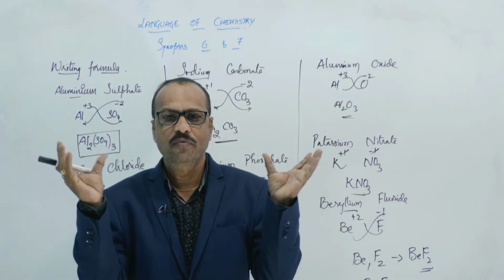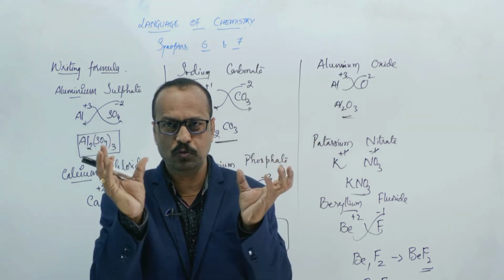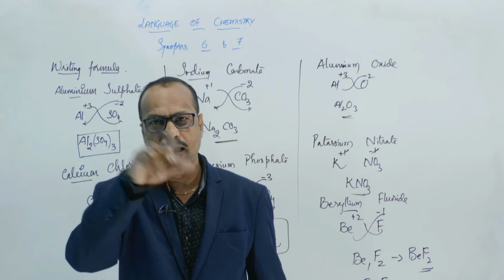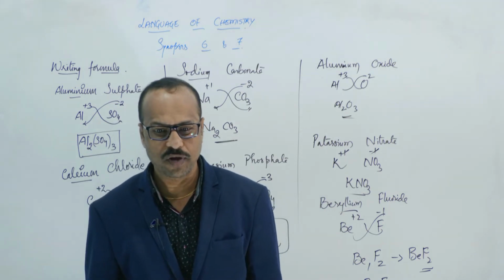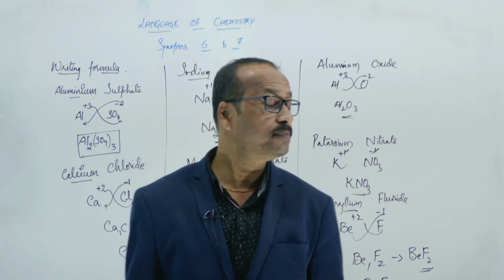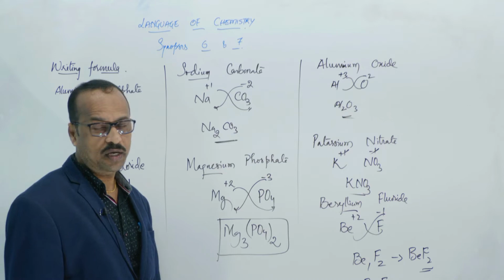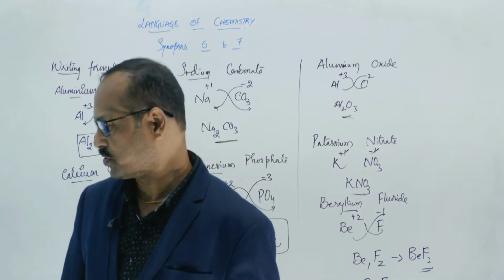You have to learn all this. When they ask you to write the formula, take both the cation and anion, mix them and crisscross the valencies, and write the formula. So this is the way of writing the formula of compounds. This is our sixth synopsis, just 2 pages, right?